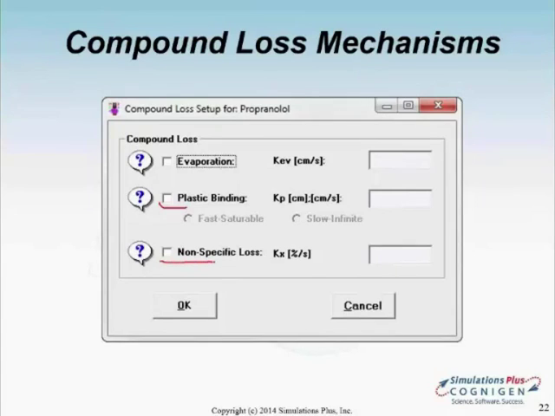Maybe from the mass balance you have figured out that the compound is not stable or is getting lost from the system, and you just have not figured out the mechanism completely yet, but want to be able to account for that. You have that kind of process that you can incorporate in your simulation, or possibly look at the evaporation of the compound from the apical compartment, even though this may possibly be one of the least important loss mechanisms.